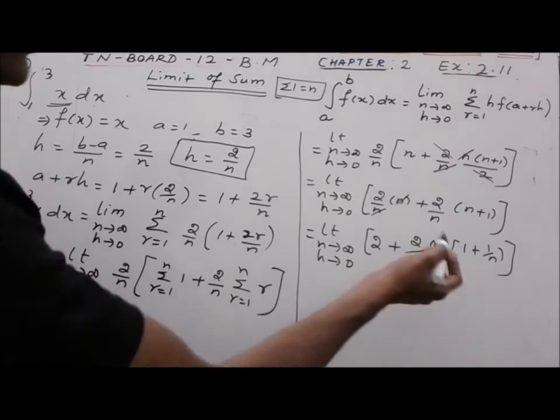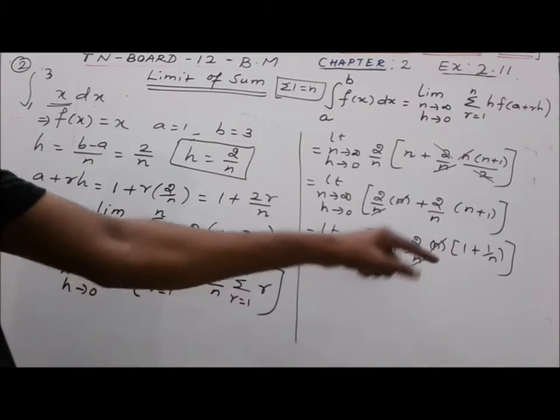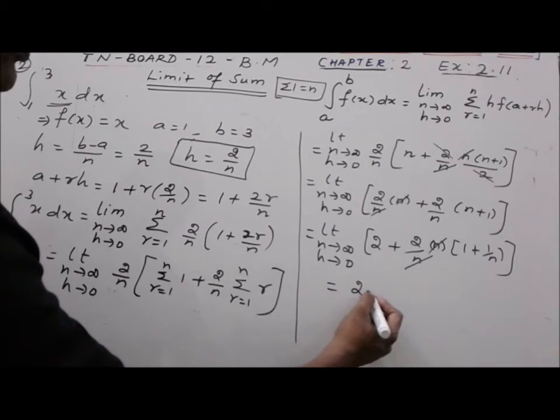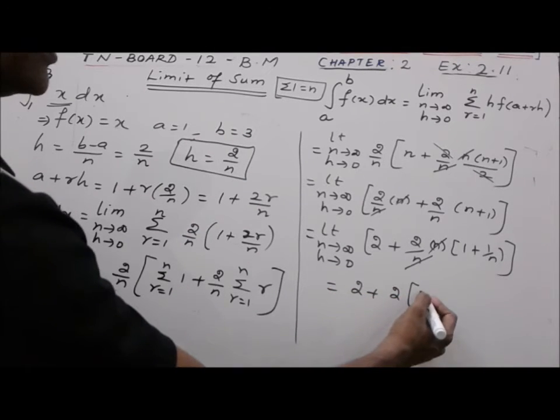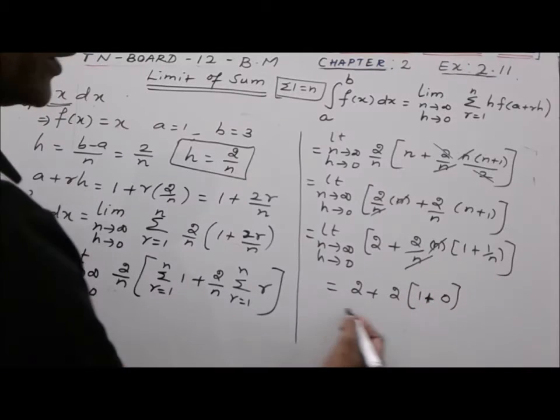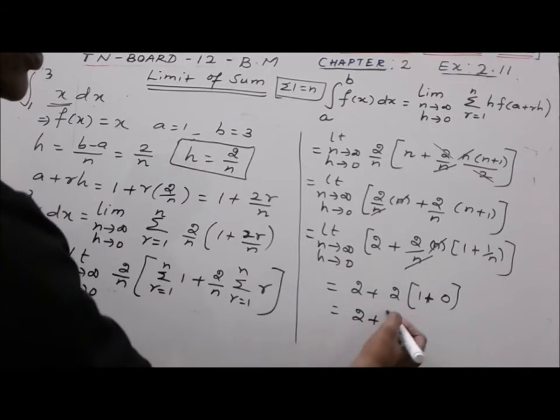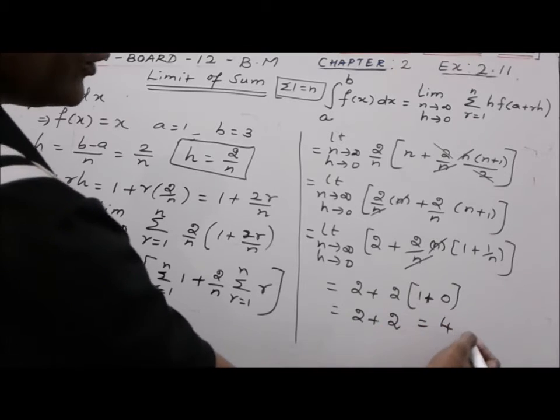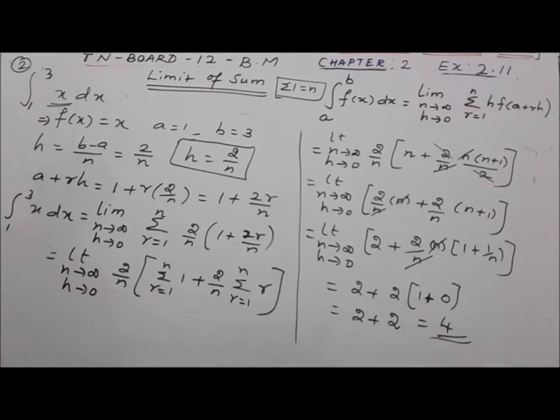Now substituting these limits here, there is no h term, so n tend to infinity means 2 plus 2 into 1 plus 1 by infinity is 0. That is equal to 2 plus 2 into 1, 2 equal to 4. So the value of the integral 1 to 3 x dx is equal to 4.